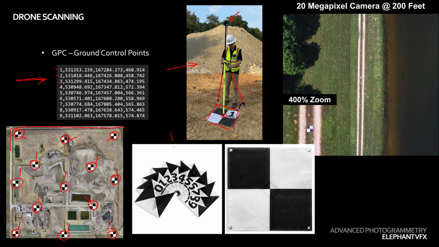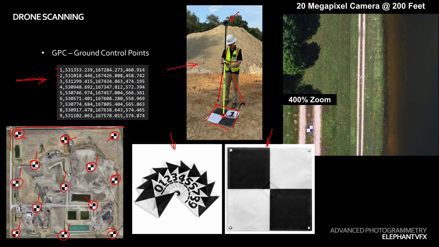Yeah, and this is just a couple of ground control points that you can find in the market. They are not cheap, right? They cost maybe around $60 to $80 each. You can actually make your own, and I made my own, but they tend not to be the best. So yeah, you might need to buy some of these.